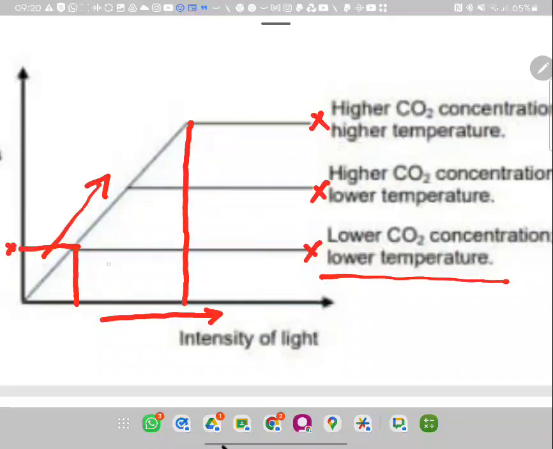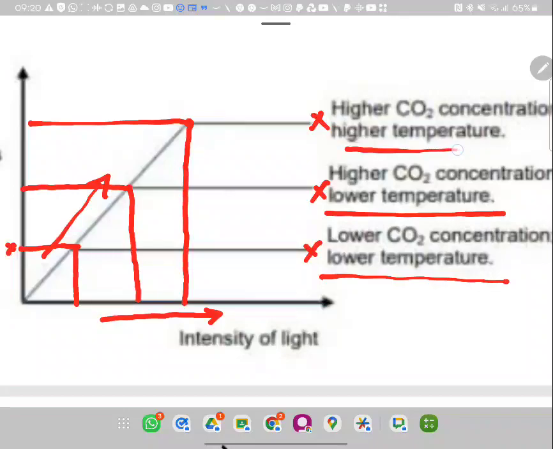If you increase the light intensity and you increase the carbon dioxide concentration, you're going to get a higher one. And if you again go to there with these even higher, you can see we increase the rate of photosynthesis.